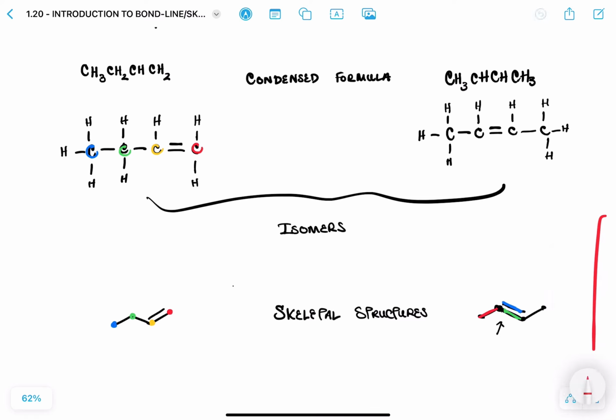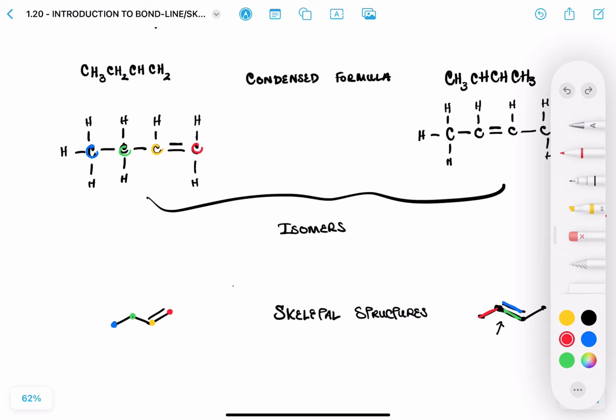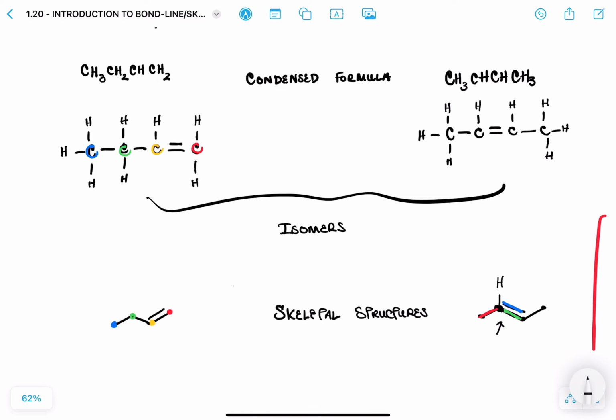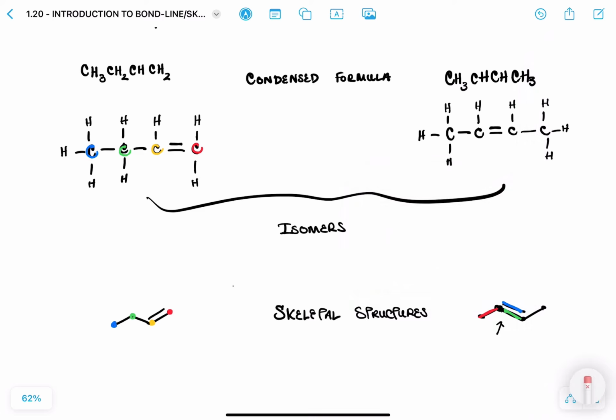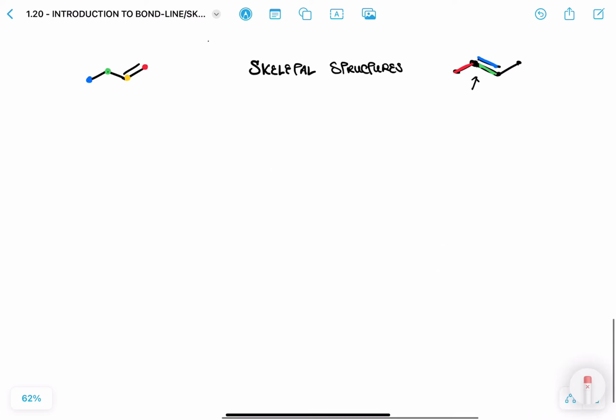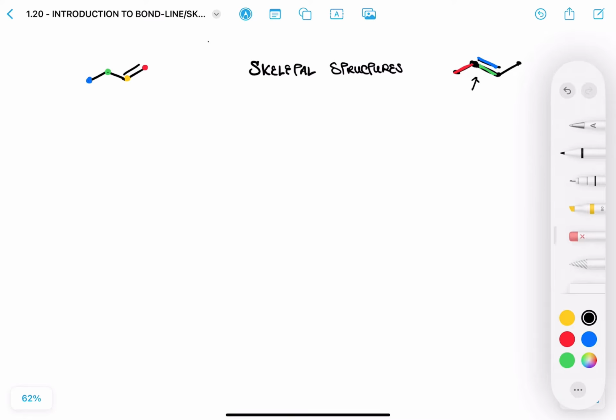And so this carbon here with the arrow pointed at it essentially is going to have 1 implied hydrogen. Why? Because it has 3 other bonds already in the skeletal structure. So if it has 3 bonds in the skeletal structure, it needs 4 to essentially have an octet, and so we assume that there's a hydrogen involved there. Okay. Hopefully that is making sense to you guys.